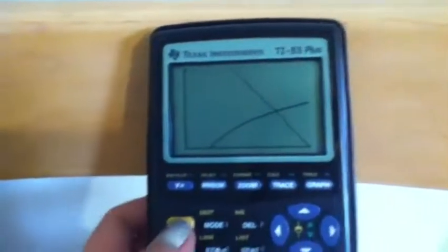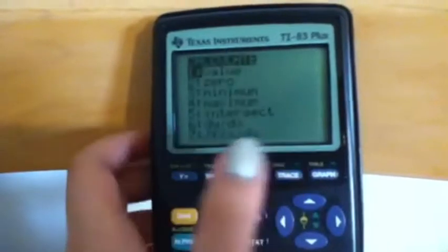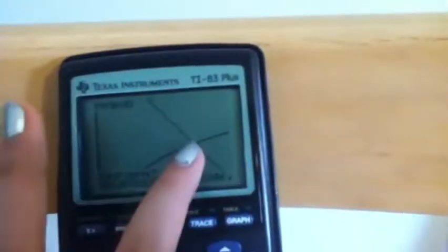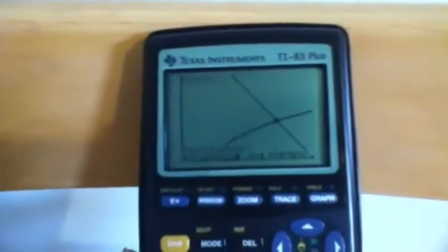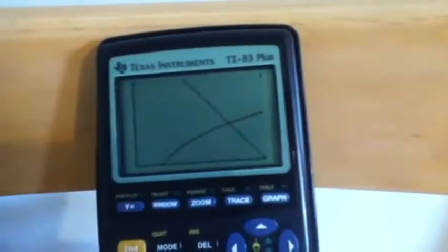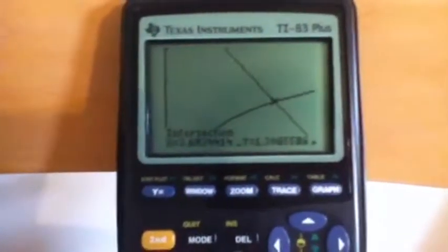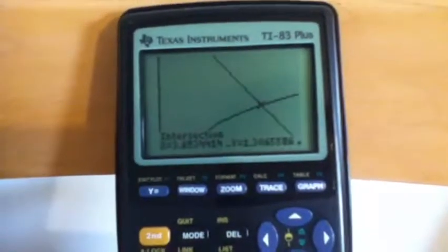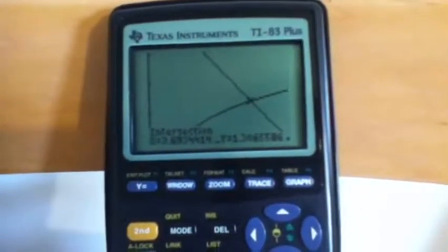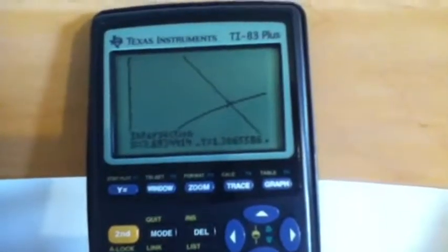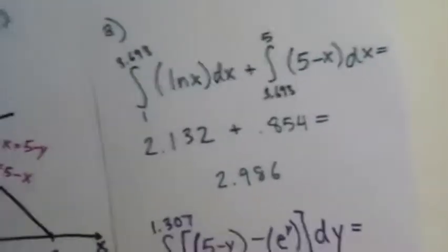So to find the intersection, you do second trace, and then you push 5 for intersect. And you move your cursor to where it intersects, push enter a couple times, and then this will pop up. It'll give you the x value of 3.693 and the y value of 1.307.